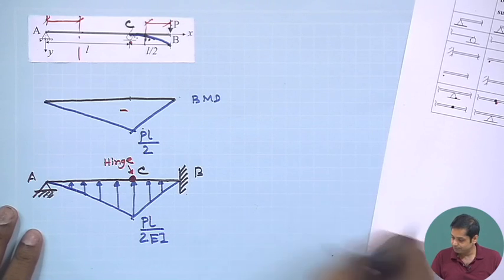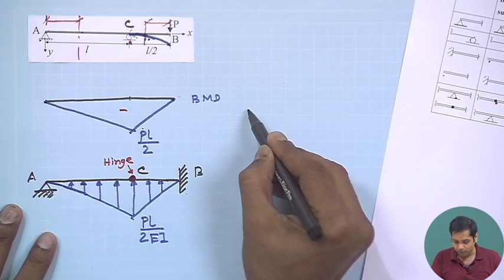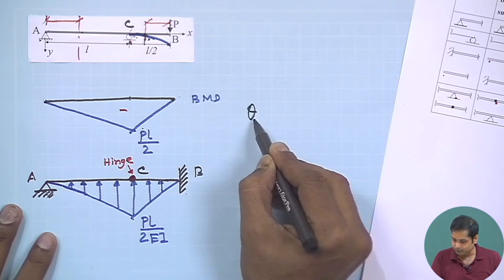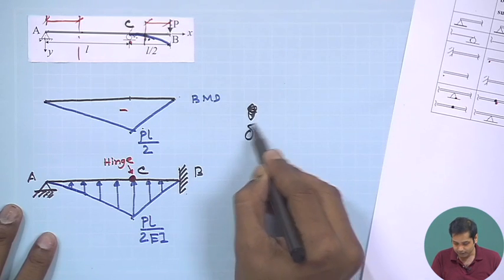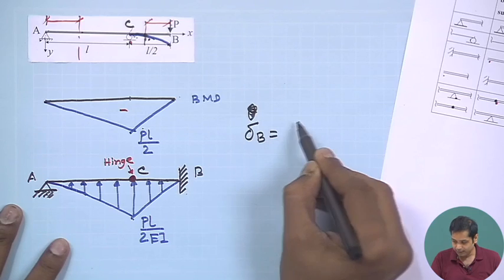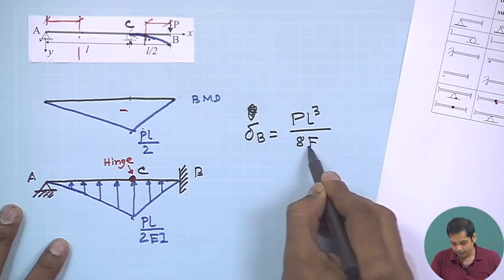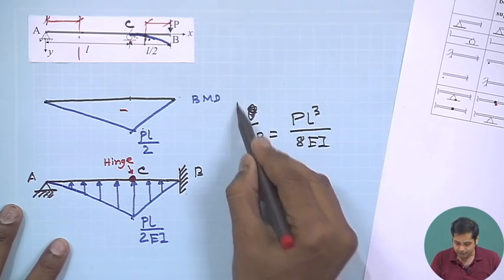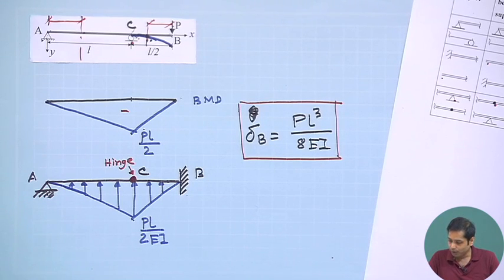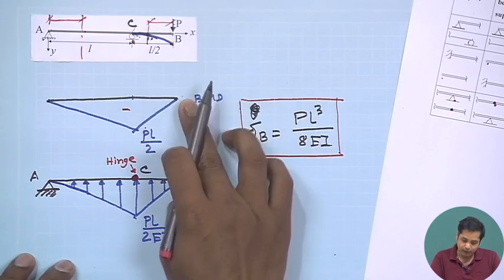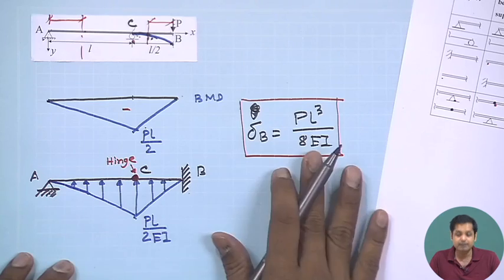Final result: you are asked to find delta C, delta B, that is equal to PL cubed by 8EI. This is the final result. Okay. So, this is acting downward. So, this is positive. So, your job is to please verify this.